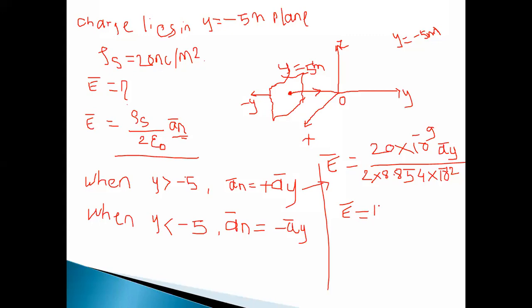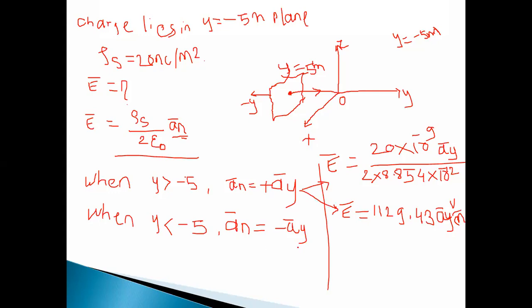1129.43, correct. So it's 1129.43 into unit vector a bar y. It is in volts per meter or Newton per coulomb. Now this is when we are considering y greater than minus 5.